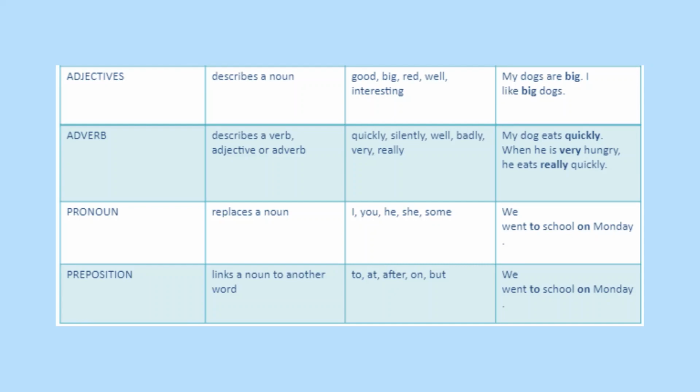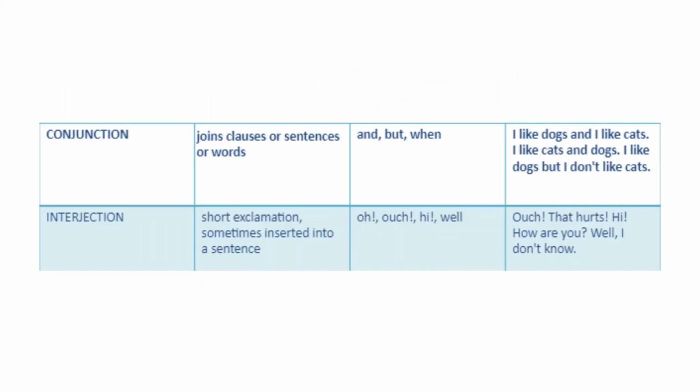Now moving towards the conjunction. The conjunction is used to join clauses or sentences or words. The example conjunctions are and, but, when, though, and so on. Let us see the usage of conjunction in a statement. I like dogs and I like cats.